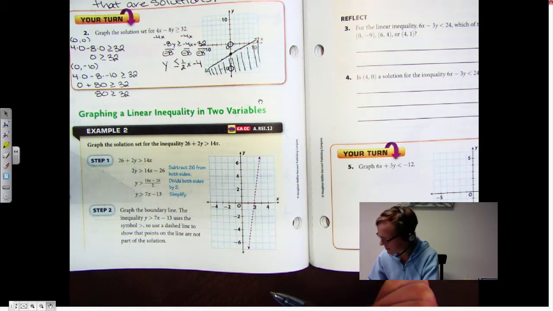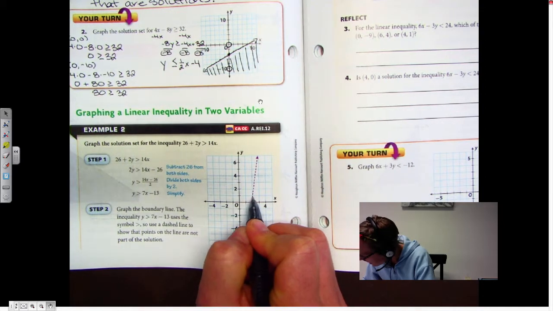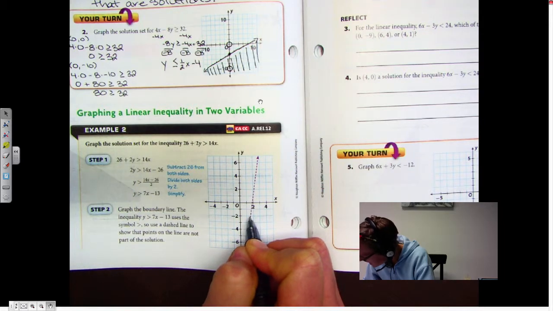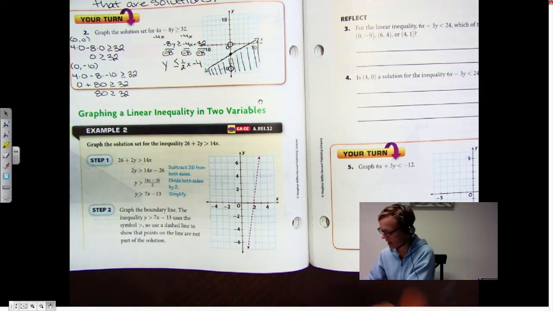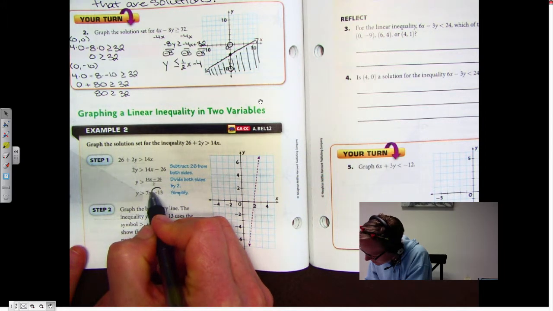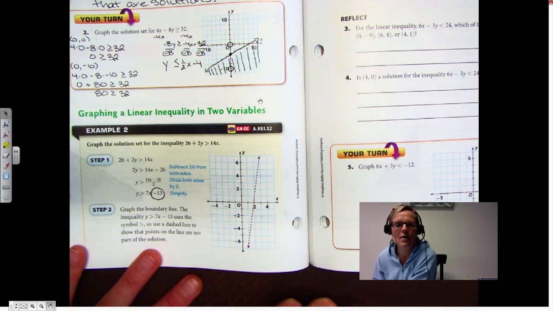So let me just choose one of these points and see if we can make sense of that. I choose the point 0, negative 13. I would be choosing my y-intercept.